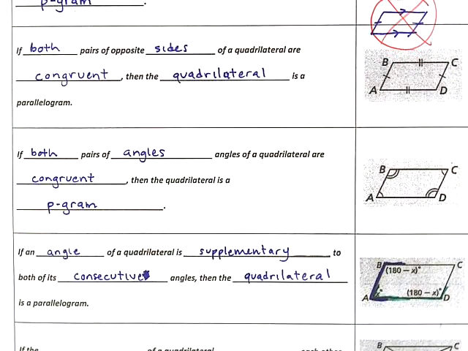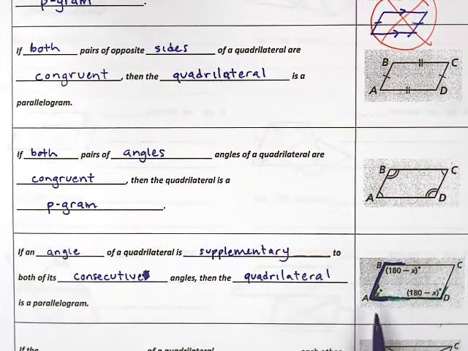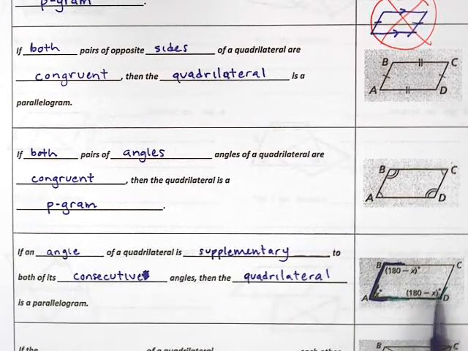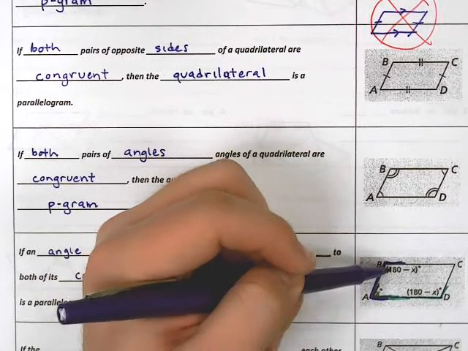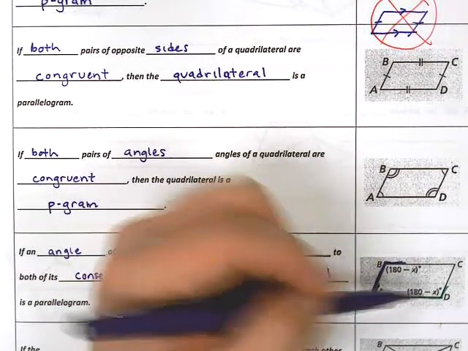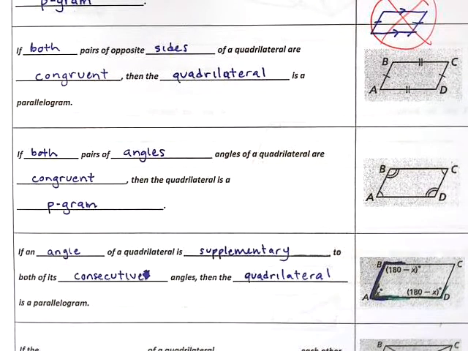Alright, this is a goofy one. You have to think about this. If one angle, right here at A, is supplementary to both of its consecutive angles, well then it's a parallelogram. And it is, right? Because x and 180 minus x make 180. Alright, so that's what you're looking out for on that one.